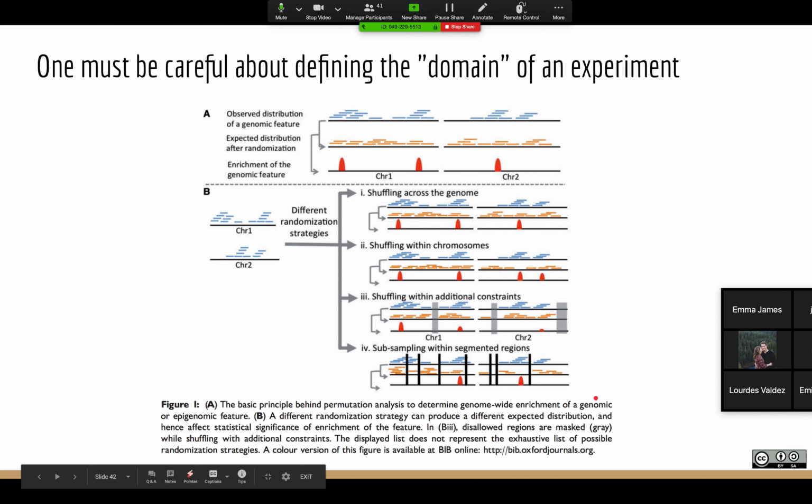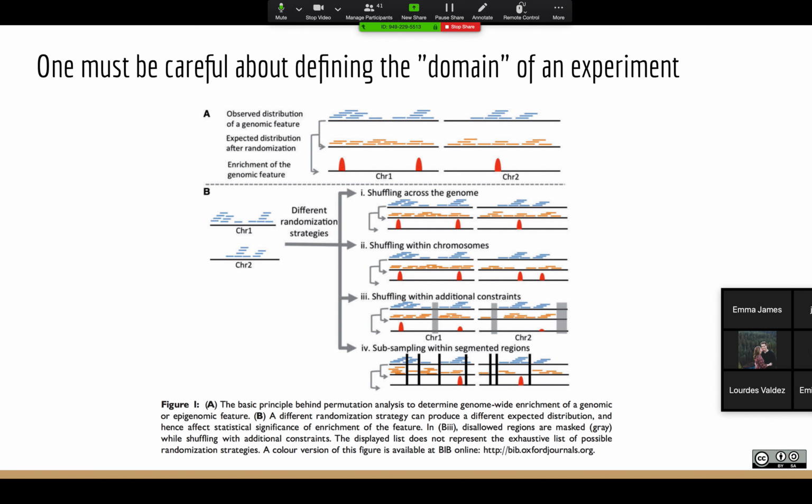And so really what I want to show you is this scenario 3 here. This is defining, with these gray boxes, constraints on where you can shuffle things. So for instance, in our experiment, we could maybe refine our experiment by excluding centromeres, telomeres, and gaps, regions where we could never detect GWAS SNPs anyway, or never even assay them.